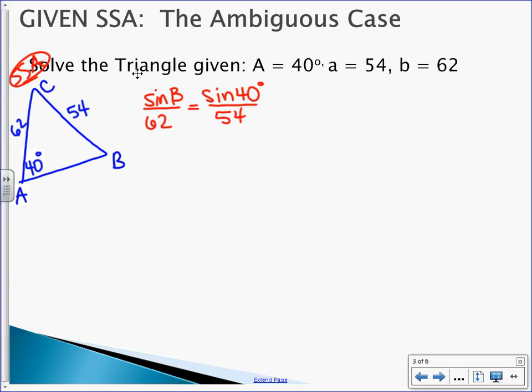We want the sine of B, which means we need to multiply that 62 over. And then how are we going to find the angle?